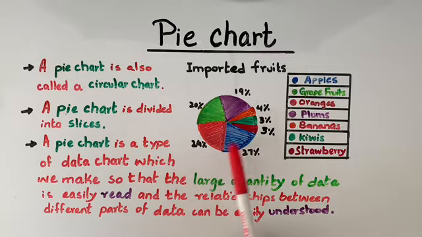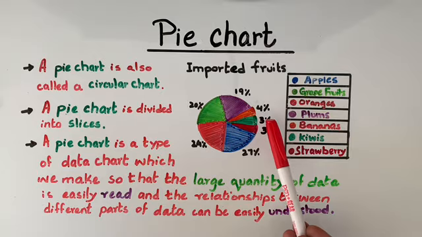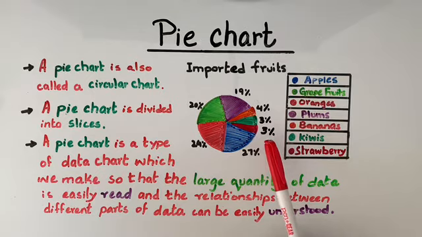The percentage of bananas out of total fruit imported is only 4%. And the fruits which are imported less are kiwis and strawberries, and their share out of total fruits imported is only 3%.